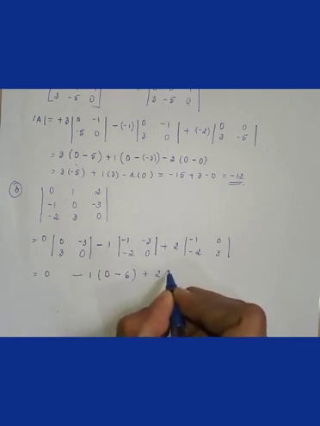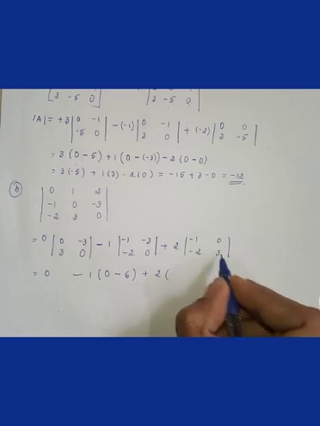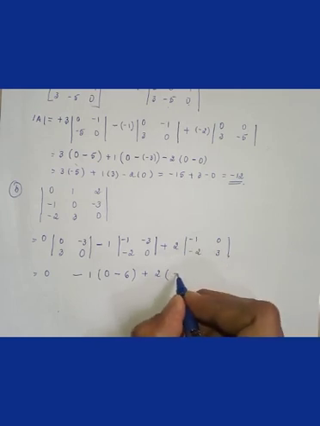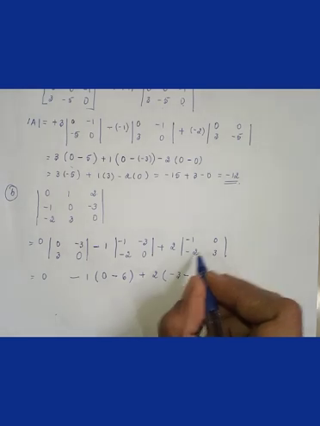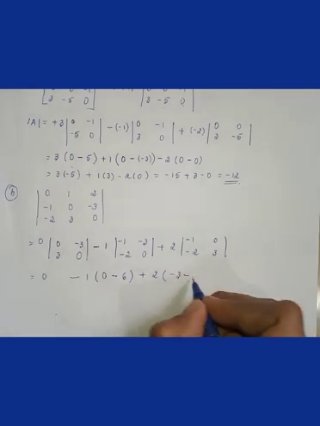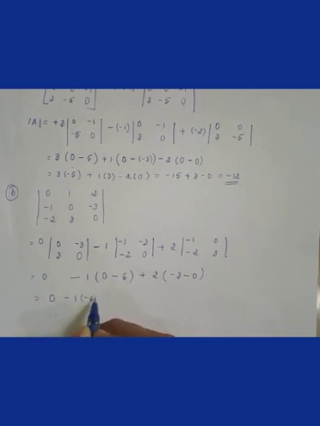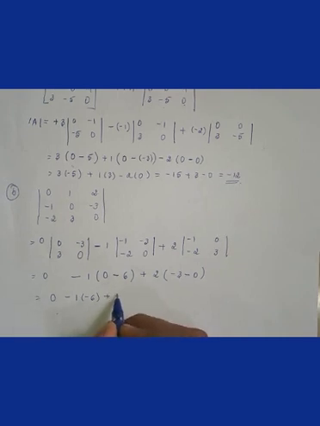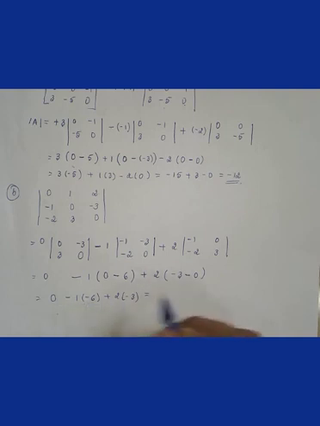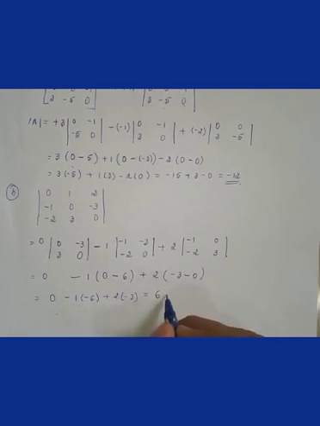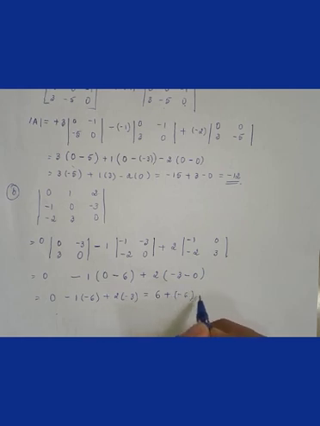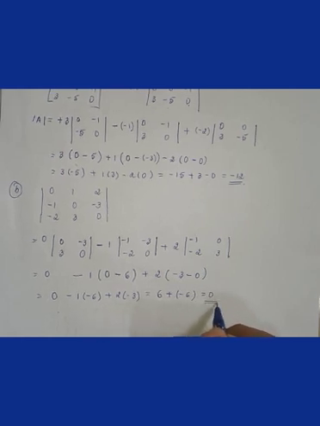Plus 2 into, multiply the diagonal entries, minus 1 into 3 is minus 3, minus multiply the non-diagonal entries, minus 2 into 0 is 0. So first entry is 0, next entry is minus 1 into 6 plus 2 into minus 3. Minus 1 into minus 6 is plus 6, plus 2 into minus 3 is minus 6. So the value is equal to 0.